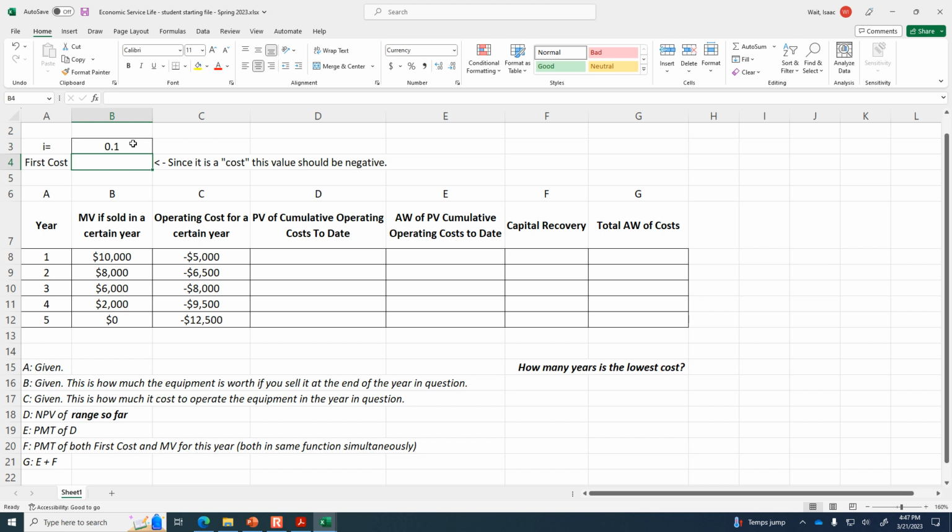The first cost, you can see from the template, it's a reminder that the cost should be negative. This equipment, when we bought it, was $20,000, so put in minus $20,000. That's our first cost for the equipment.